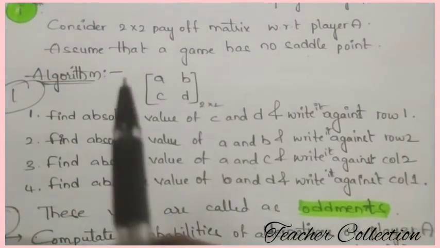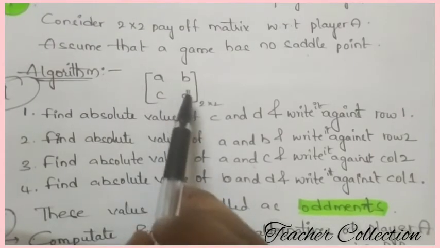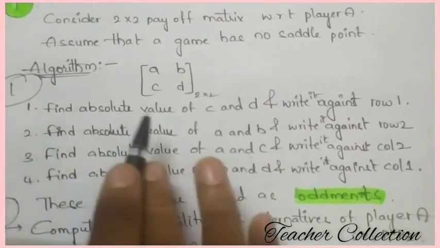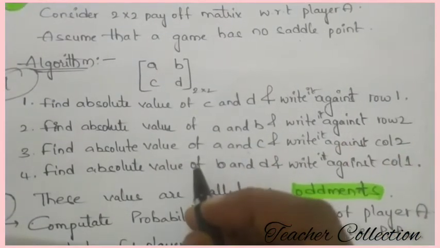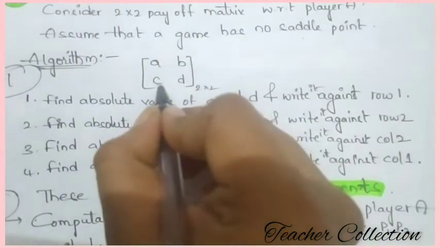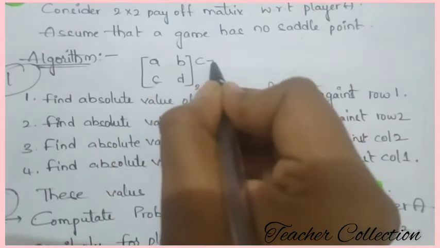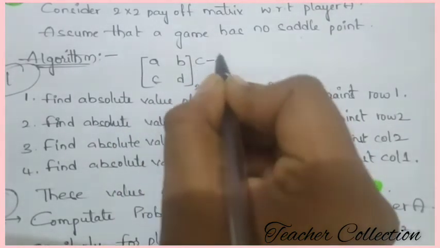Okay, first, this is the 2 cross 2 matrix. Find the absolute value of C and D and write it against row 1. Absolute value means you subtract C minus D and write the value here.